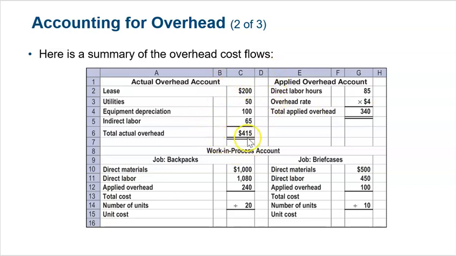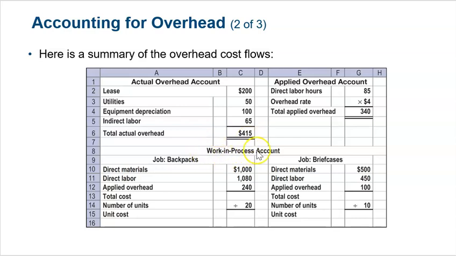These are very small figures, but that's okay. We multiply the 85 times our $4 predetermined rate, and we come up with applied overhead of $340. So as you can see, our amount of applied overhead is less than actual overhead.